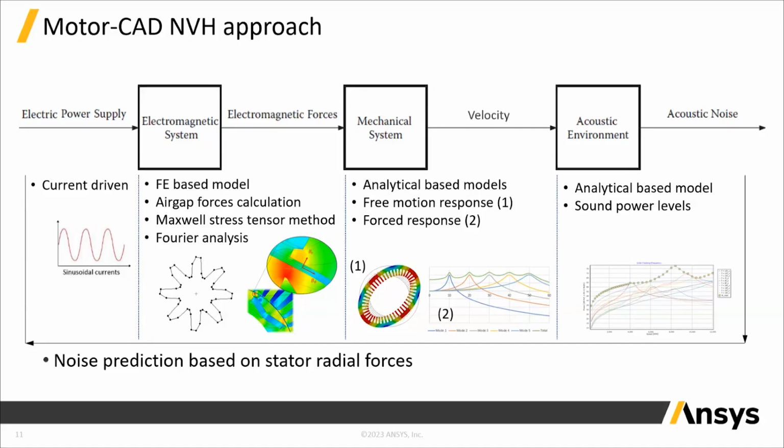Fundamentally, what MotorCAD is doing is looking at the vibrations the motor excites in the stator, looking at the stator radial forces, how that excites vibrations and therefore noise. And it's separate from things like torque ripple, which may in turn cause noise in other parts of the system, and can be considered with simpler torque ripple metrics.